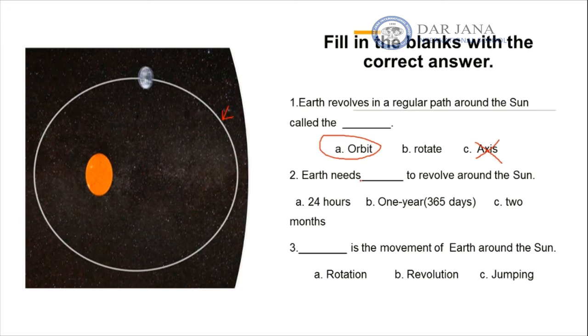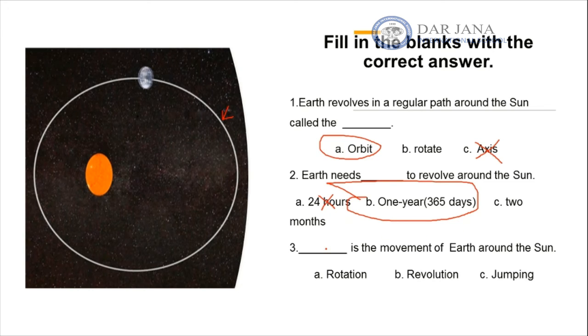Now, Earth needs what to revolve around the sun? To finish this big orbit, does it need 24 hours, 1 year or 365 days, or 2 months? It needs 1 year. It doesn't need 24 hours. This is for rotation, not for revolution.